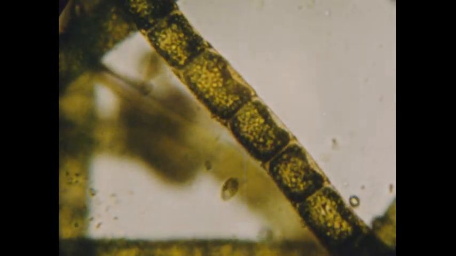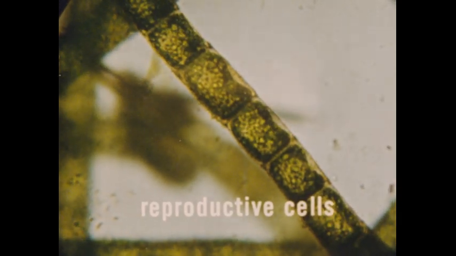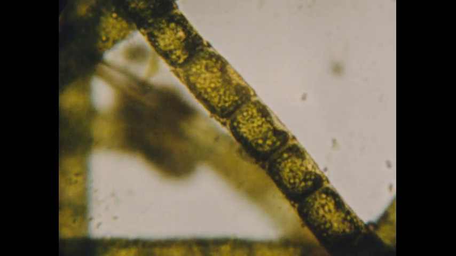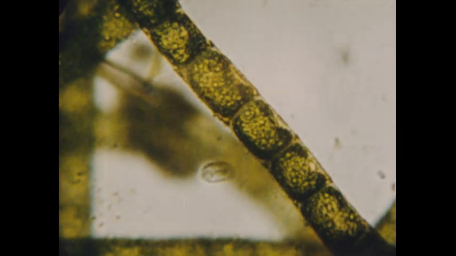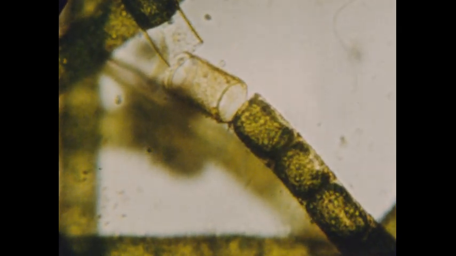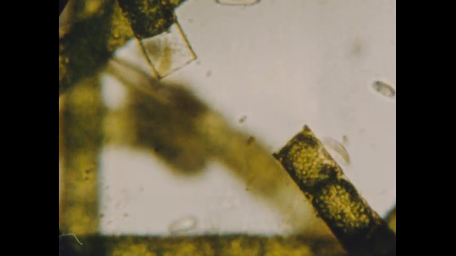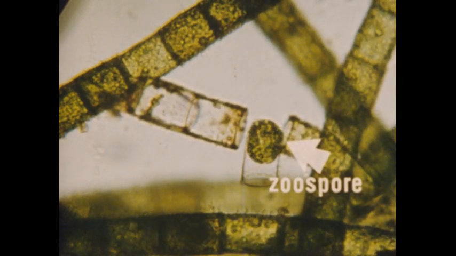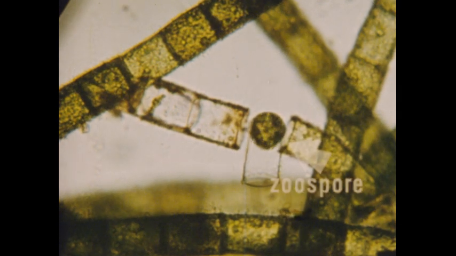Here, several reproductive cells are developing, ready to escape from the parent plant. The entire living matter of the cell, the protoplast, empties, escaping from the parent plant. We call this new plant a zoospore. Watch as it escapes from the parent plant.